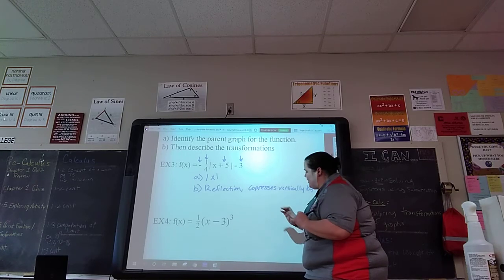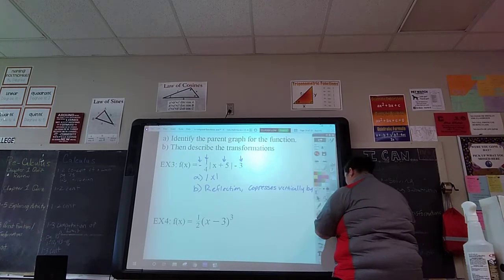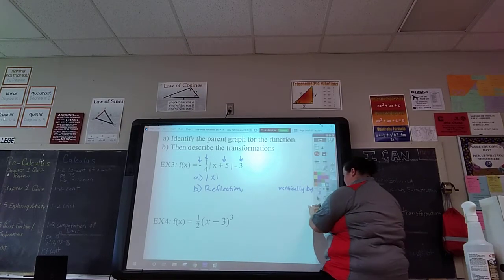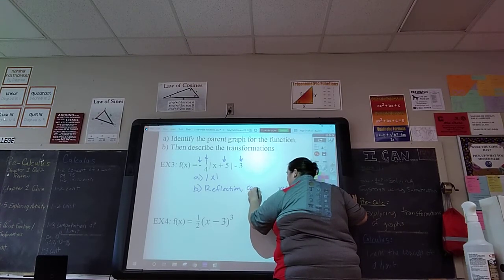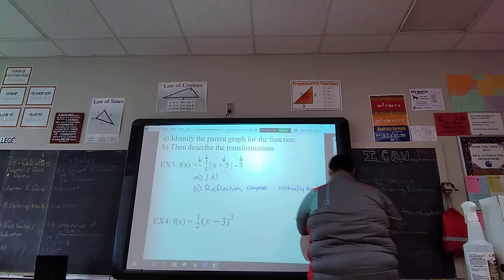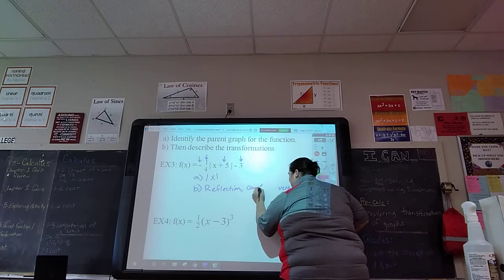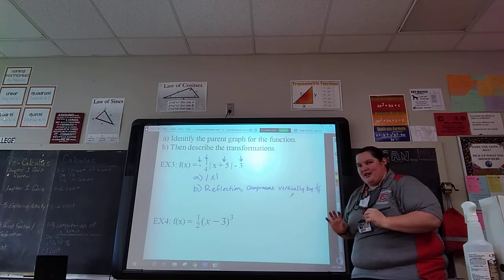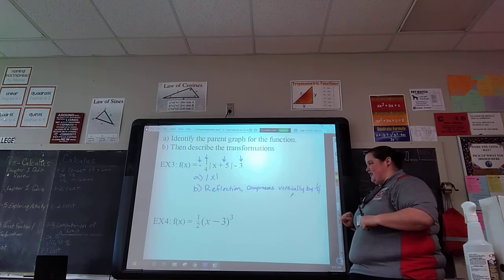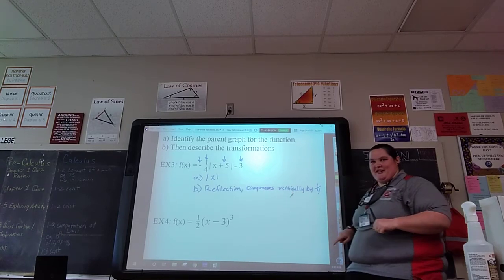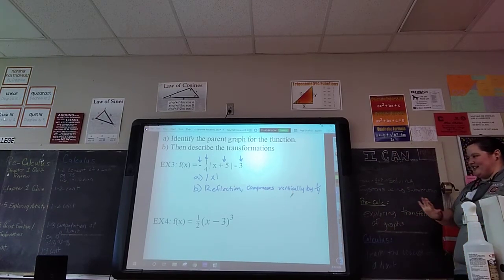And if you can spell compress, because I can't spell this thing. If you want to abbreviate those words, I'm fine with that. So you can do like 'compress' abbreviated by 1/4. It's okay if you abbreviate because I know that's a lot to write for one thing.